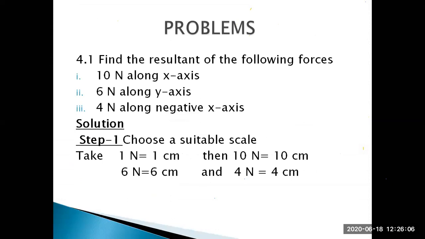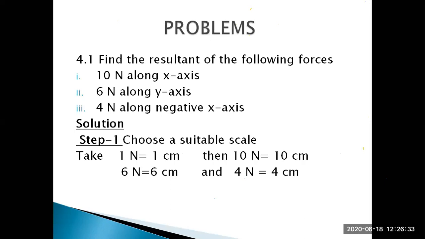Find the resultant of the following forces. If you open page 105 of the 9th class textbook, you will see this numerical statement: 10 Newton along x-axis, 6 Newton along y-axis, 4 Newton along negative x-axis. To solve this numerical, first of all we have to choose the scale.